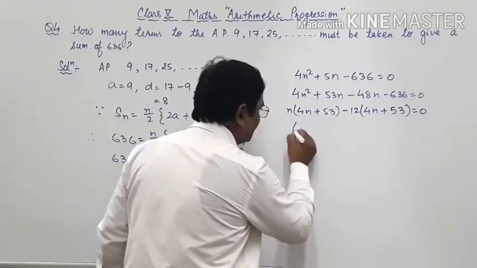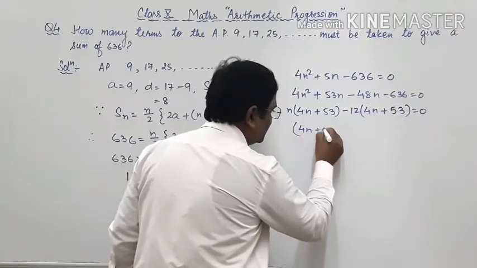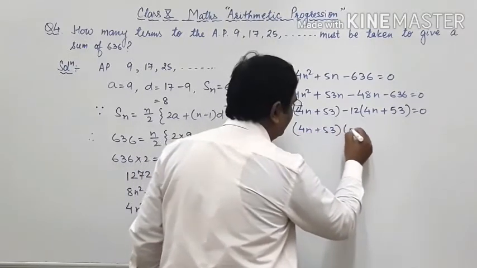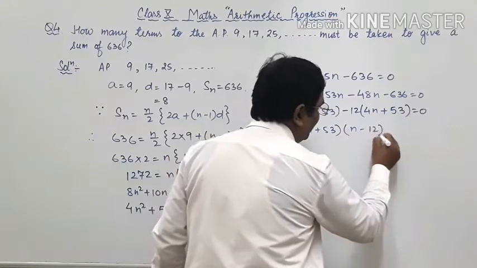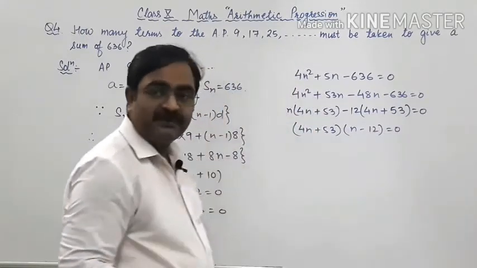Therefore the factors of this are 4n plus 53 into n minus 12 equals 0, right?